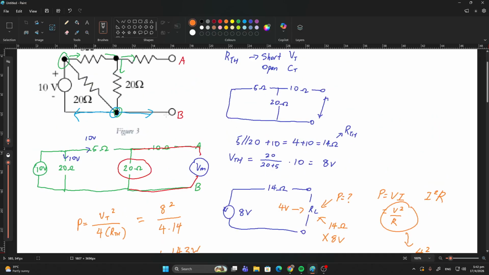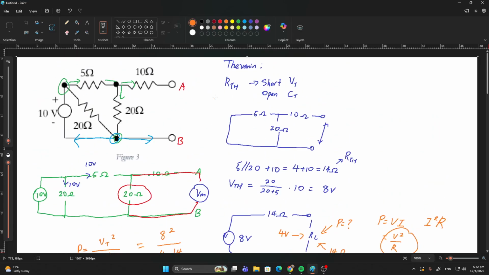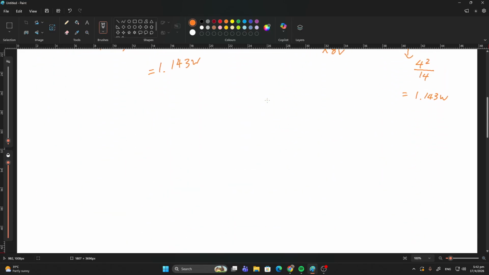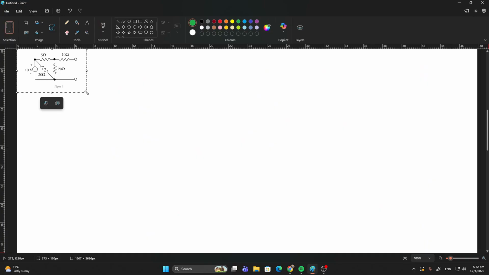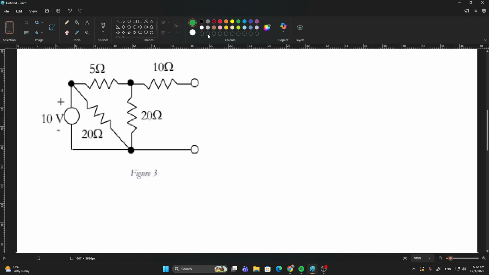Now we shall do the Norton example. So the Norton, same thing. Let's go ahead and do, yep, I do have it. Okay, so for the Norton, it's pretty straightforward as well.